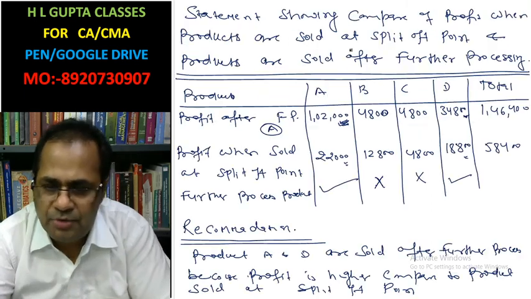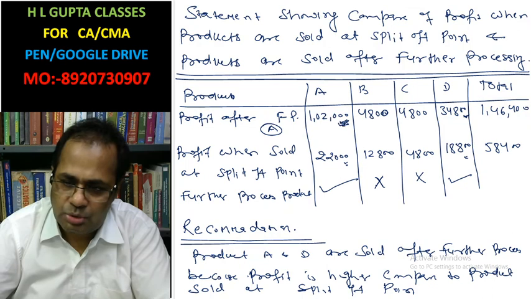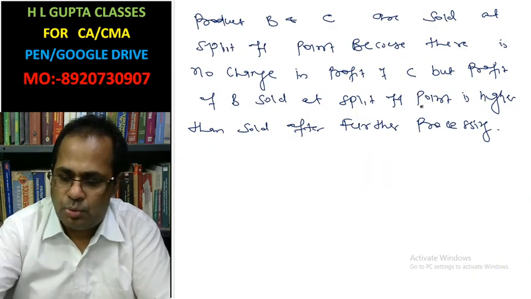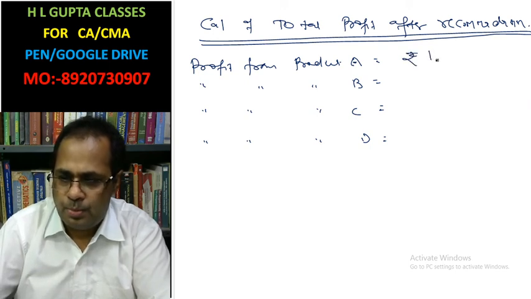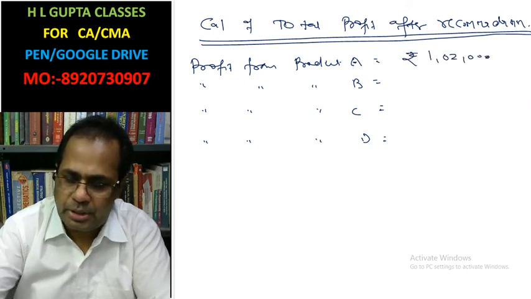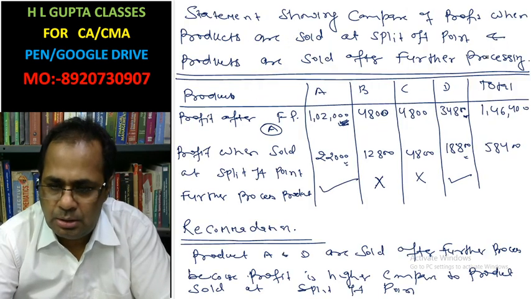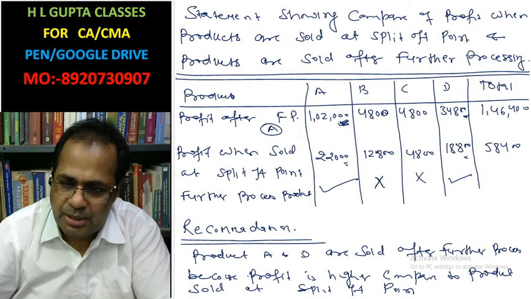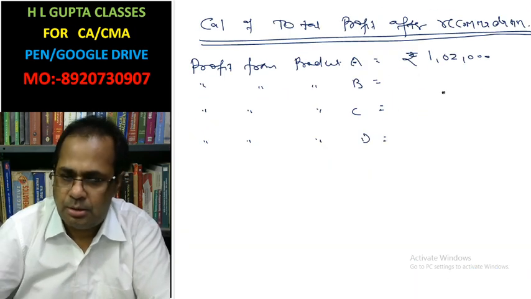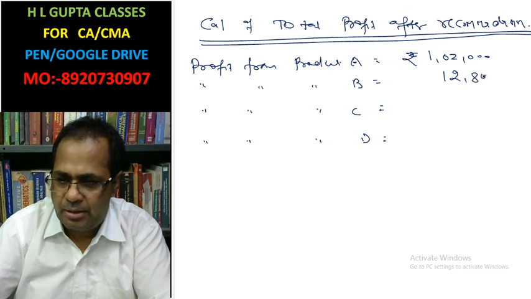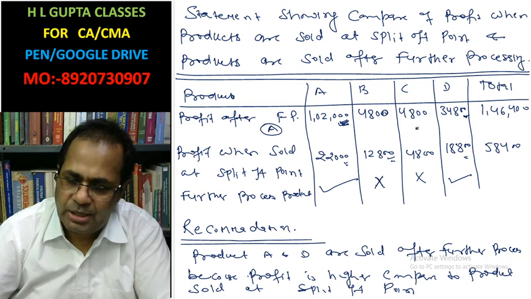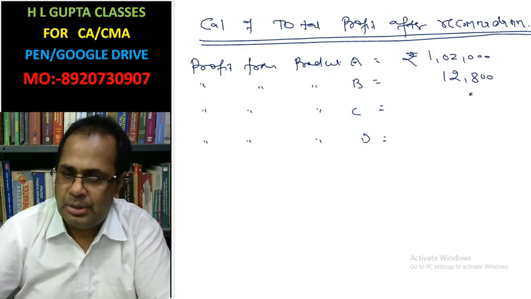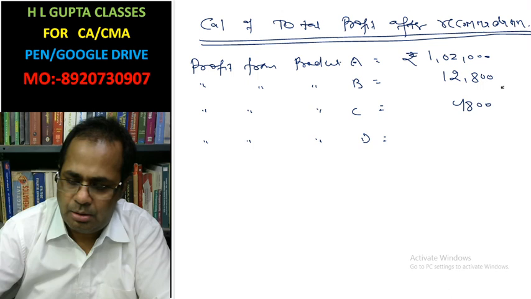A after further processing, 1,02,000 rupees. Look at it. In the case of B, B is sold at a split-off point, 12,800. Now C is 4,800 in both cases.